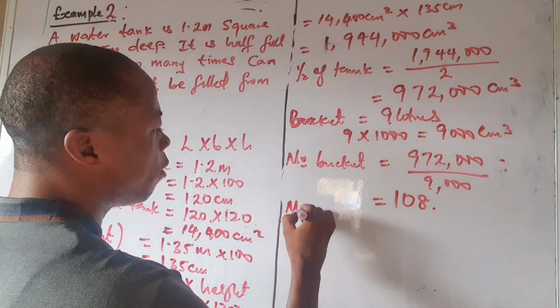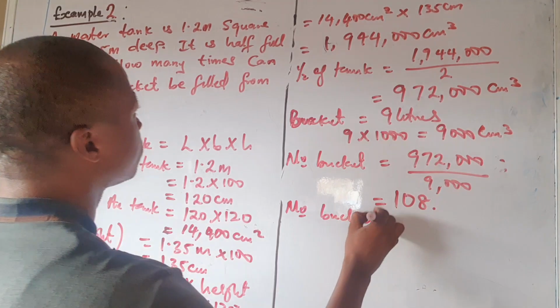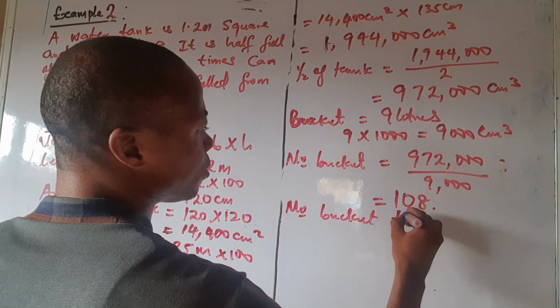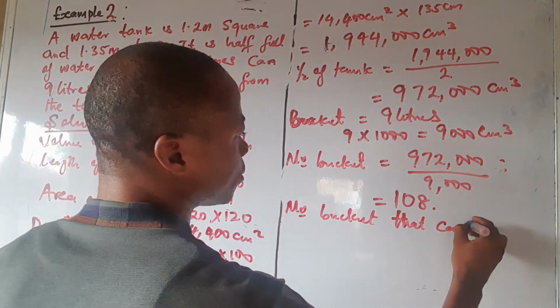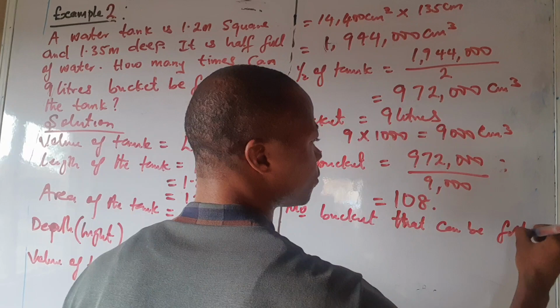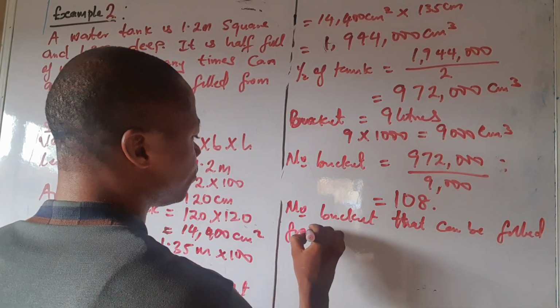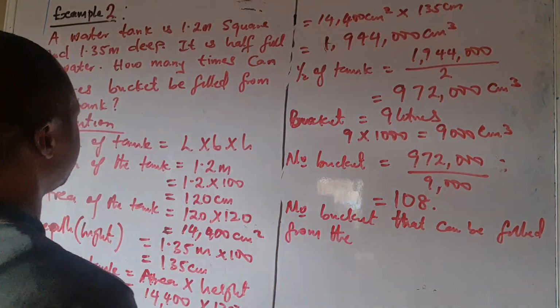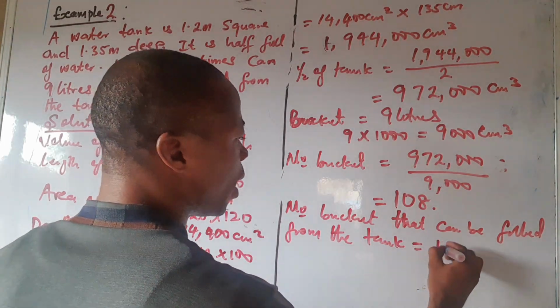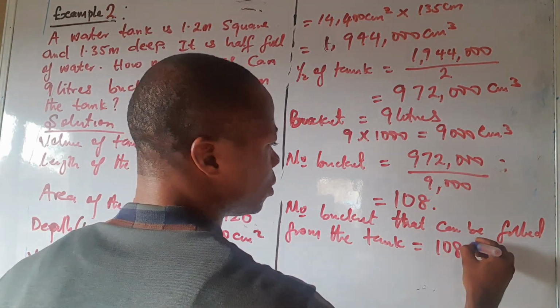So the number of buckets that can be filled from the tank will be equal to 108 times.